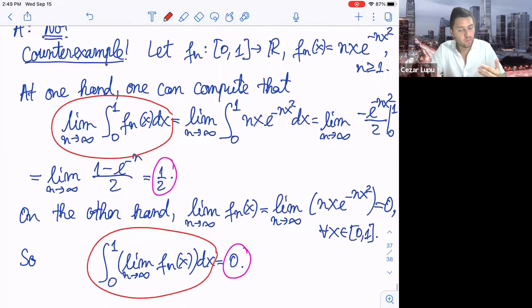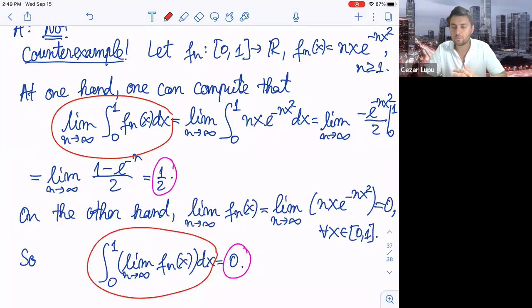We would like to come up with a similar theorem as the uniform convergence theorem, but I'm still insisting on dropping the condition of uniform convergence of the sequence of functions.